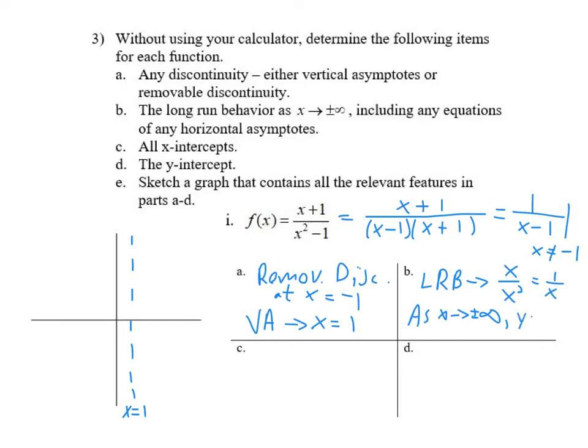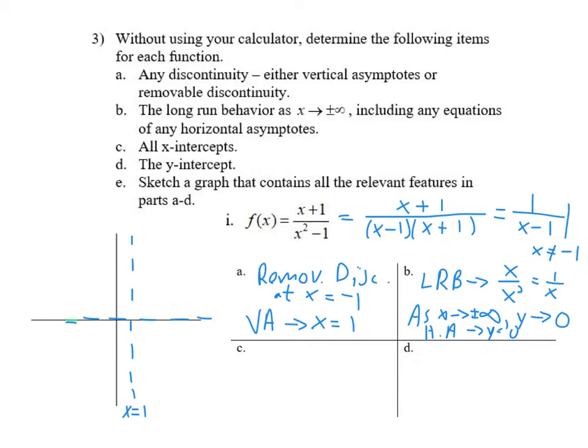So y is basically going to be heading to 0 because our denominator is getting so big. That would tell us that we do have a horizontal asymptote of y equal to 0. So let's mark that right along our x-axis, y equal to 0 is a horizontal asymptote.